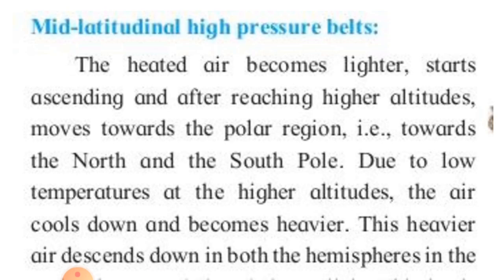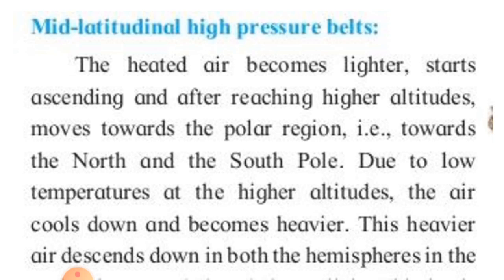Now, mid-latitudinal high pressure belts. The heated air becomes lighter, starts ascending, and after reaching higher altitudes it moves toward the polar regions, that is toward the north and the south pole. Due to low temperature at the higher altitudes, the air cools down and becomes heavier.